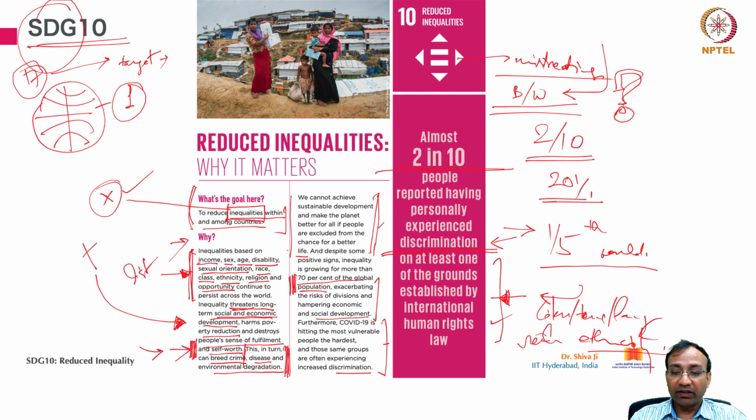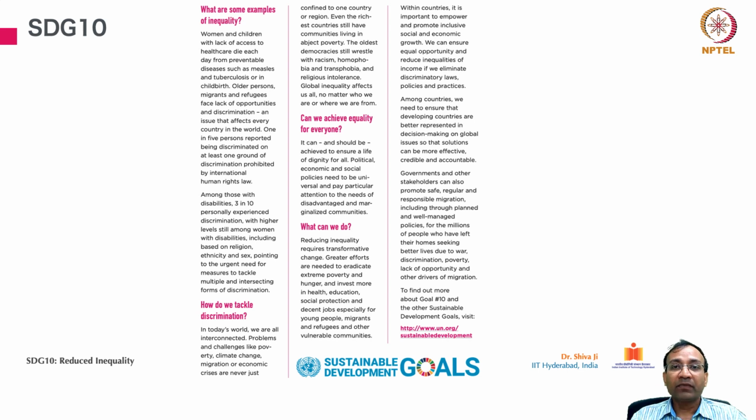It was already bad, but this pandemic has further worsened the situation, right? And a big number of people, 70% of the global population, is facing some sort of inequality in treatment, right? So that's really disheartening to see.